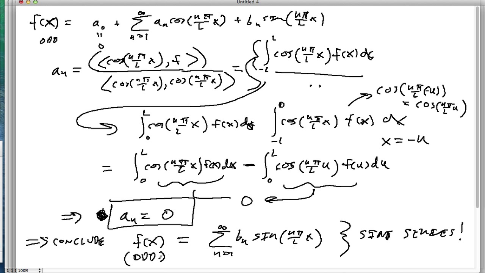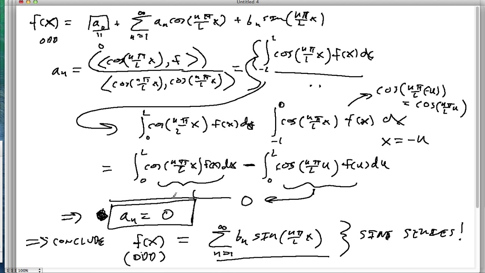Anytime f is an odd function, the Fourier series will be a sine series. There's no ifs, ands, or buts about that. The cosine Fourier coefficients and the a_0 coefficient are both 0. So we get a sine series by default.